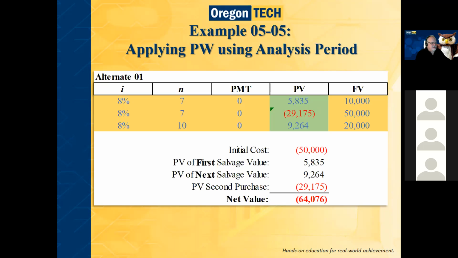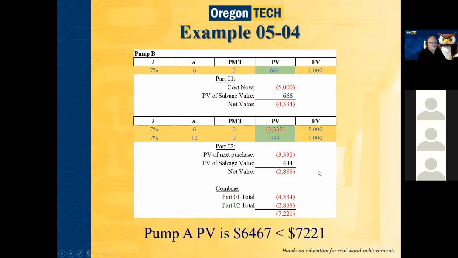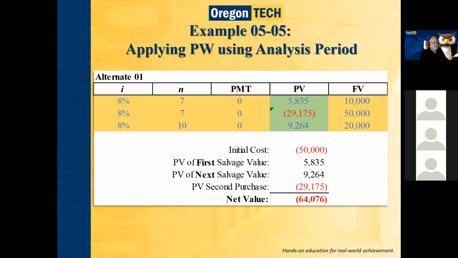Now then, they tell you up here, the market value after 10 years is $20,000. So assuming after 10 years, you're going to get rid of it. So, present value of that $20,000, you're going to sell that second machine you bought for $20,000 in 10 years, discount that back to get $92.64.